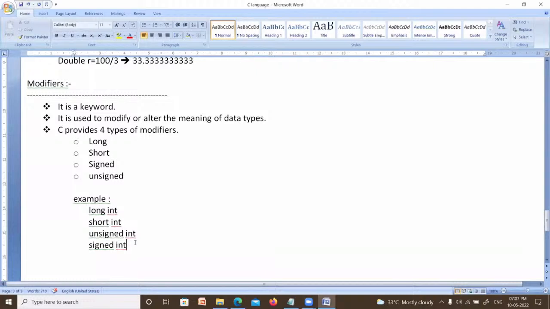Good, good, good. Note on this modifiers. Completed?